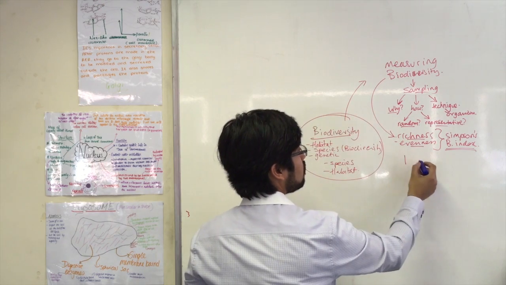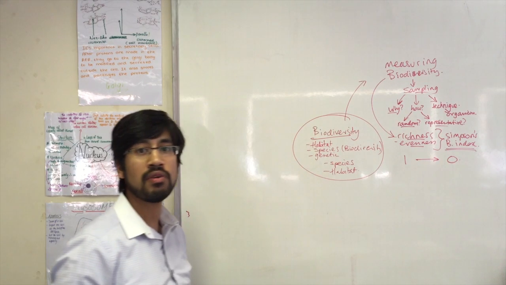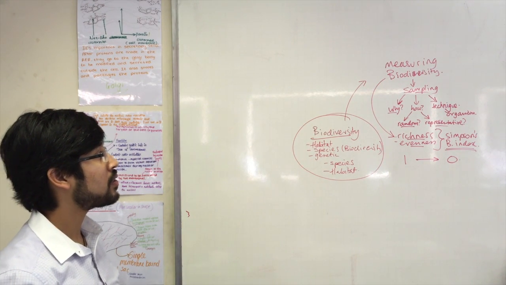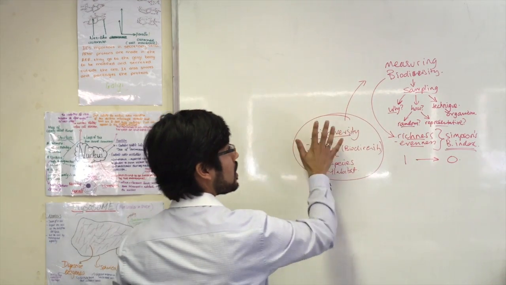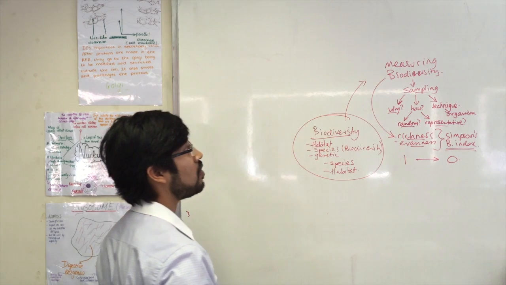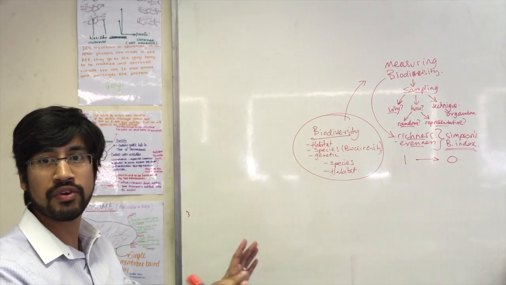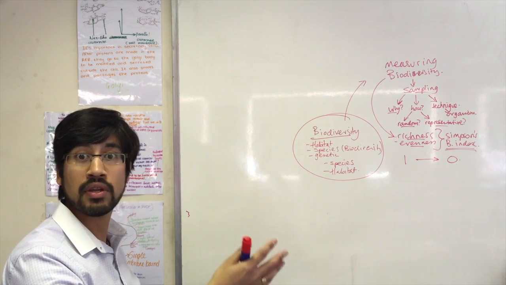Okay? 1 being high, 0 being very low. All right? That's what you should get at the end of that. Okay? So, after doing all of that, you get an idea of the biodiversity of an area, and that's sampling. That's basically that first quarter of the unit module done.